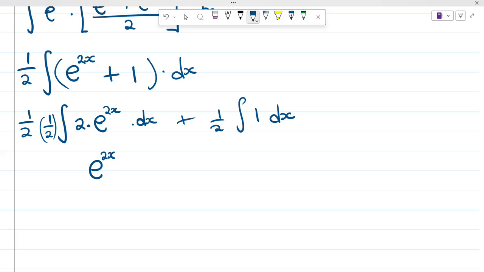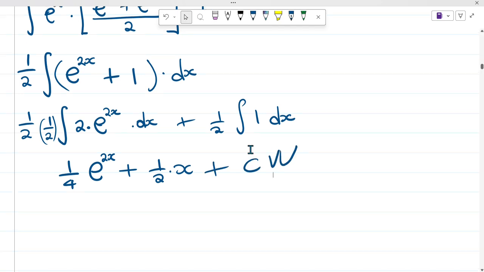And then of course we shouldn't forget whatever is outside the integral to go with us to our answer. So we're gonna have 1 over 4 e to the power 2x plus 1 over 2 integral of 1, it's just x, guys. So it's just gonna be 1 over 2 multiplied by x plus c. Then that's it. You have your answer.